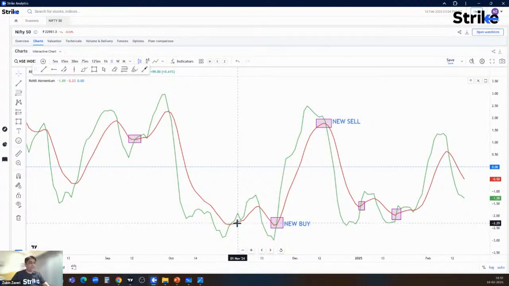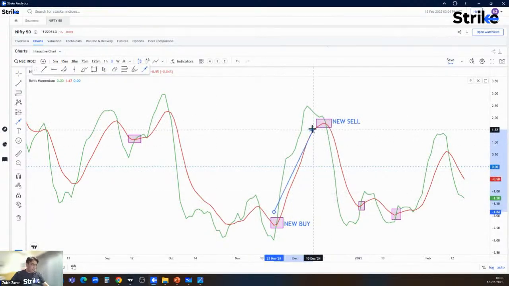All right. And when RMI goes up and then comes down over here, this is where one cycle is over. So you understood what is a new buy and you understood what is a new sell. Anywhere between these two, the RMI signal will be in a buy mode only.